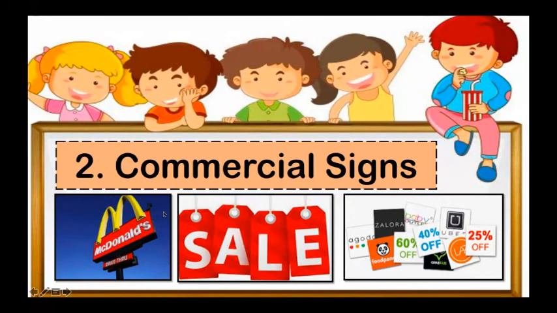The very first one is the logo, or the statement logo of your establishment. There are specific logos for specific establishments, and it's very rare to have a logo that is similar with one another, because this type of commercial sign has what we call copyright.